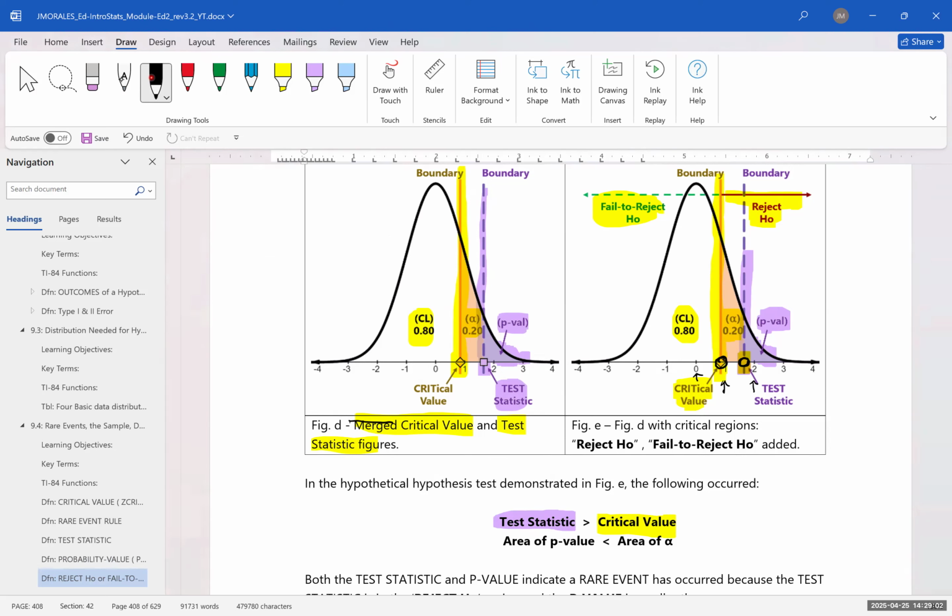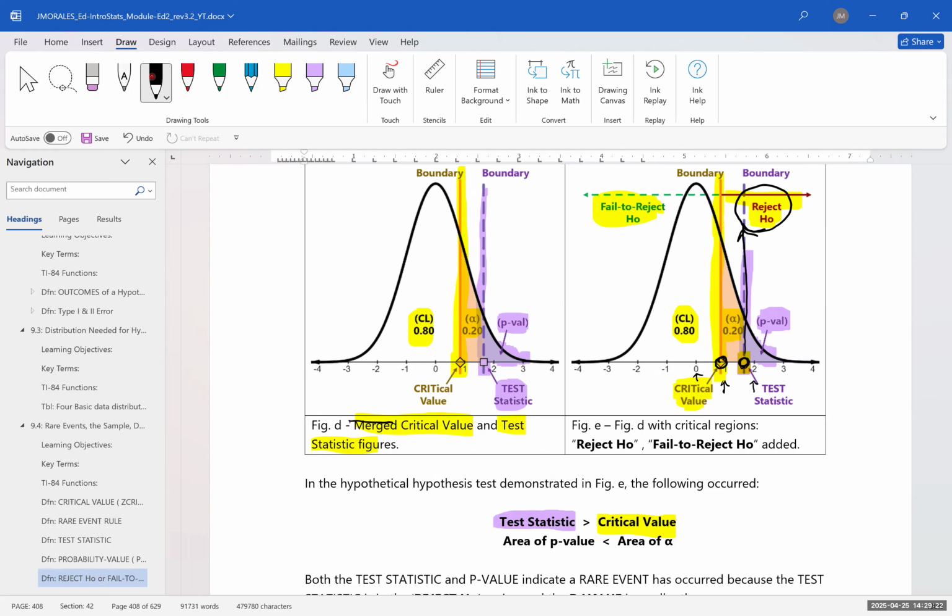Let me point out what that means first. Because the test statistic is greater than the critical value, it's to the right of the critical value, so the test statistic is clearly in the reject the null region.